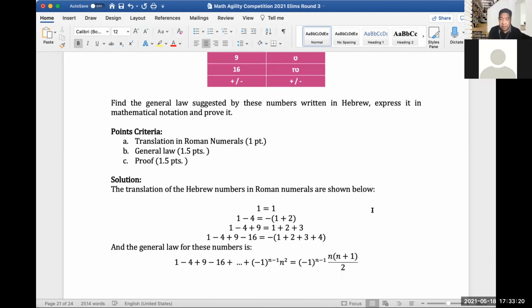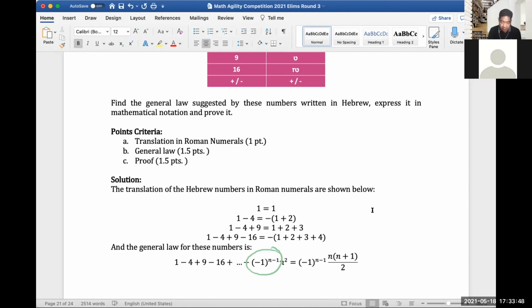So there's an alternating sign for the left-hand side of the equation. That would be answered by this expression here, negative 1 raised to the n minus 1. So it means if n is even, then we would have a negative sign for that element, and if it's odd, we would have a positive sign.